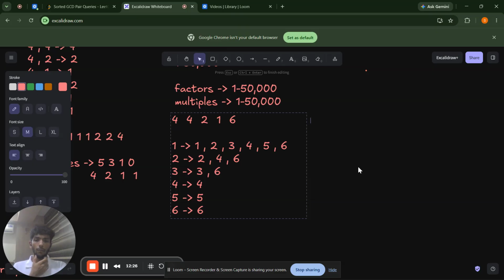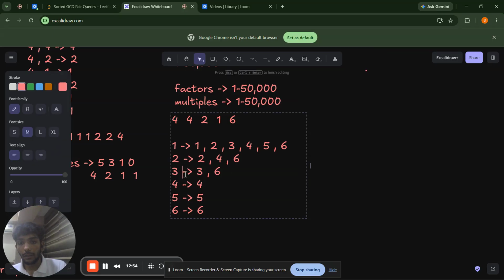Now we have found that 1 has these multiples, 2 has these multiples, 3 has these multiples. So is this even helpful? We have found that 1 has a multiple 3, and 3 has a multiple 3, but it is nowhere useful here.